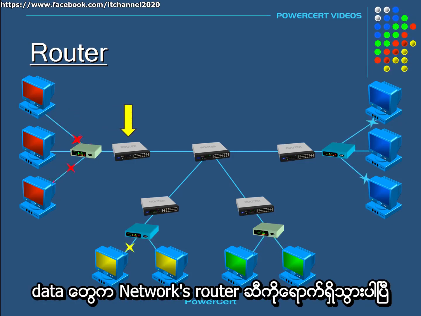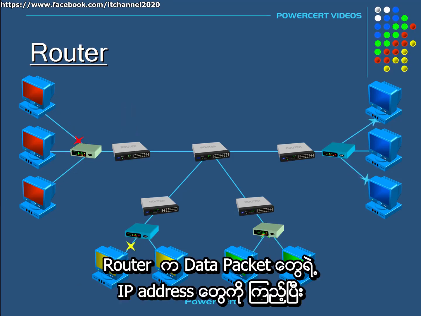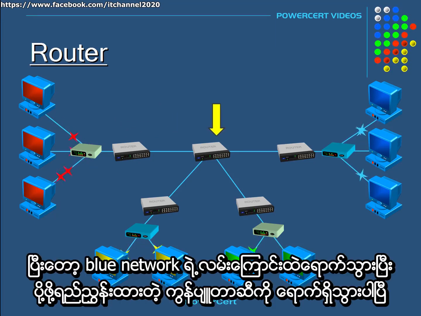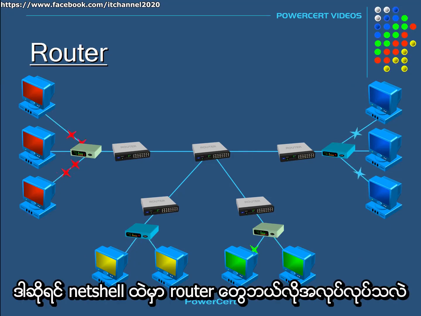And once the data packet reaches the router, it will look at the IP address of the data packet and then forward the data out on the Internet to the next router, and then make its way to the blue network's router, and then to the intended destination computer. So in a nutshell, this is how routers work.